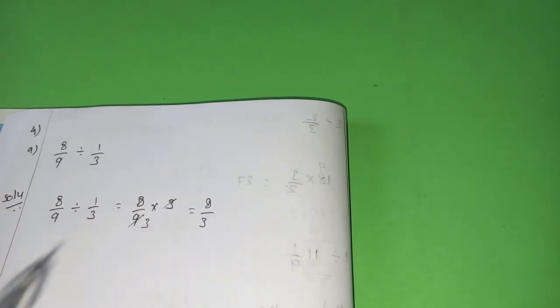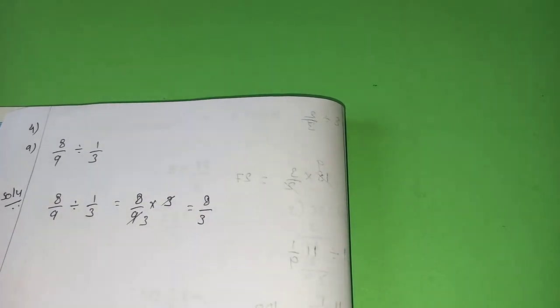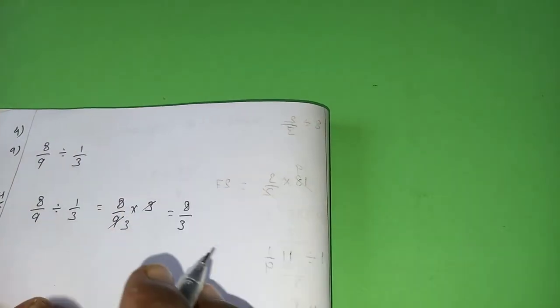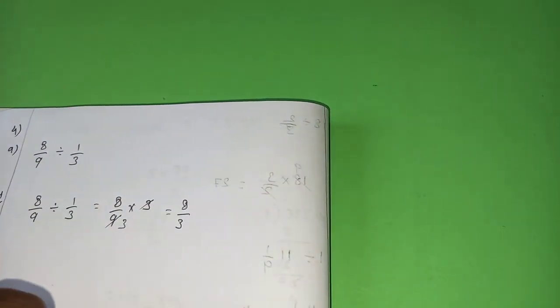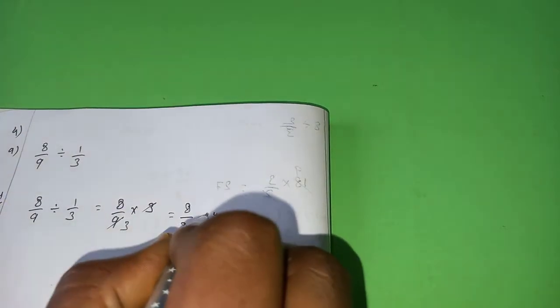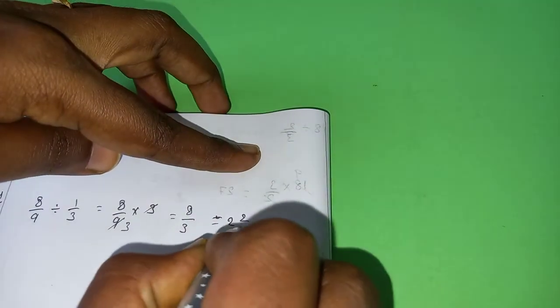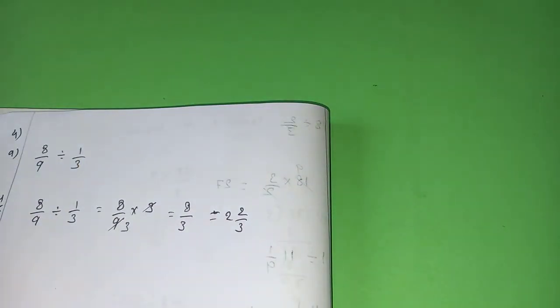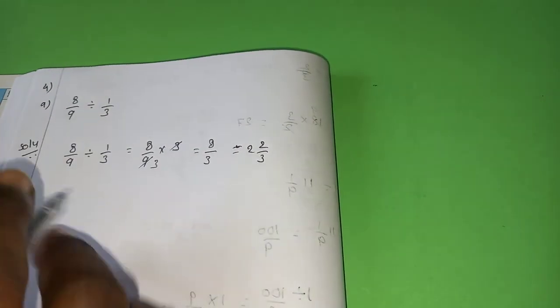Answer is 8 by 3. This is an improper fraction. So, convert it into a mixed fraction: 2 2 by 3. Okay. Next.